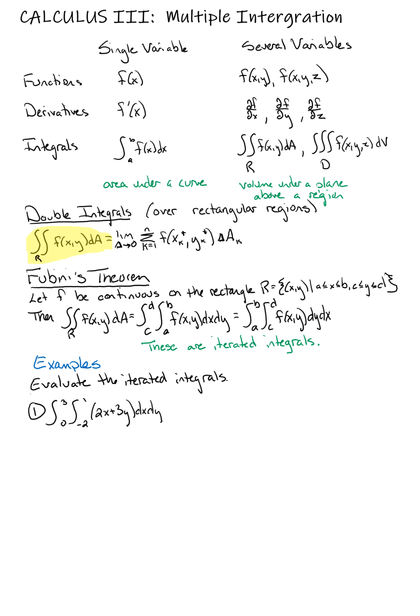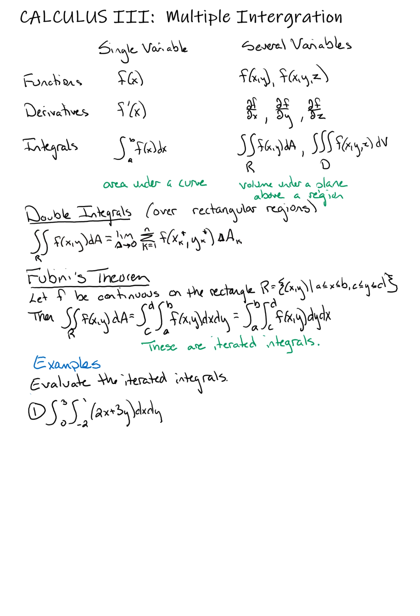Notice that the differential is of the area A. Formally, a double integral is the limit of a Riemann sum, but those can be rather difficult to compute. I do also want to remind you that our differential is an area.